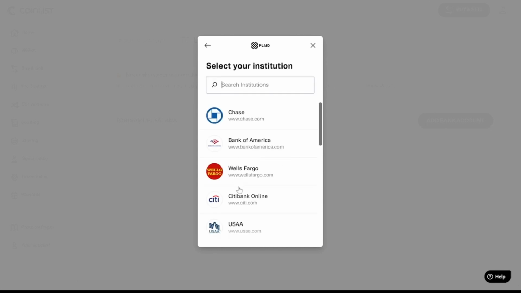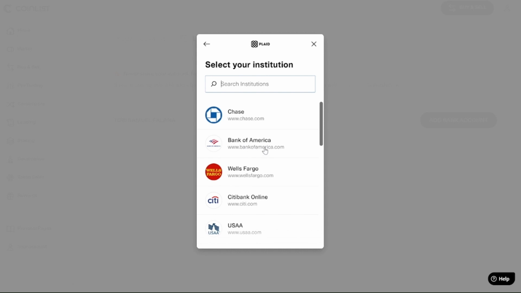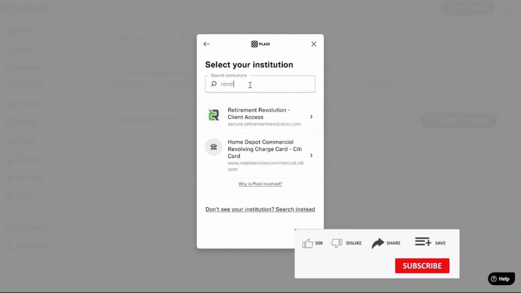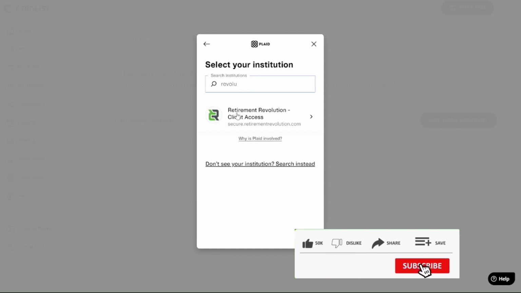And let's say, for instance, you have a Bank of America US account. You'll be able to deposit money, link this right now, or Citibank online bank. And I have Revolut accounts. I'm going to press Revolut. So as you can see, Revolut account, this retirement Revolut account client assets.